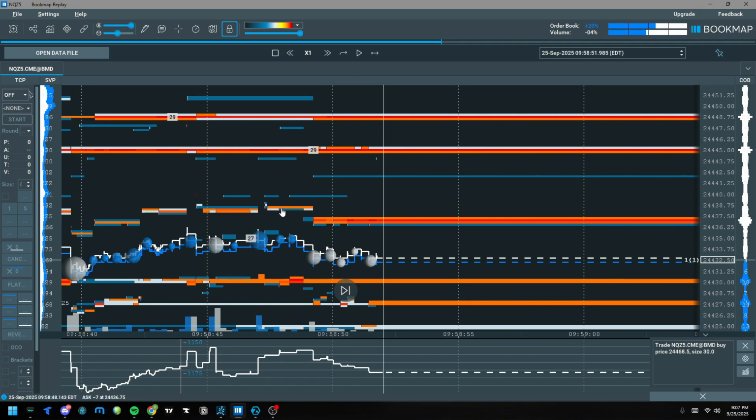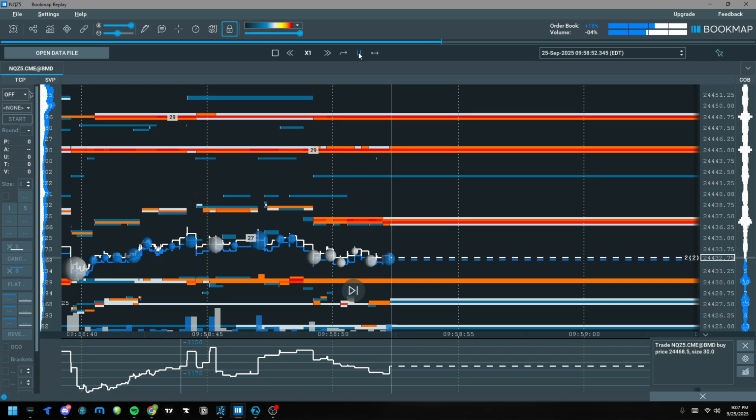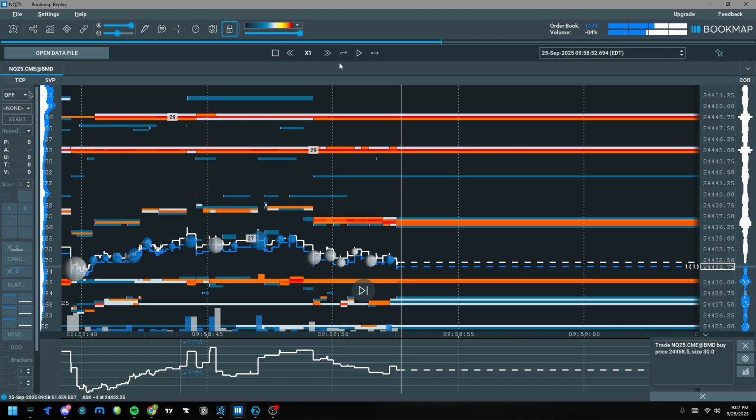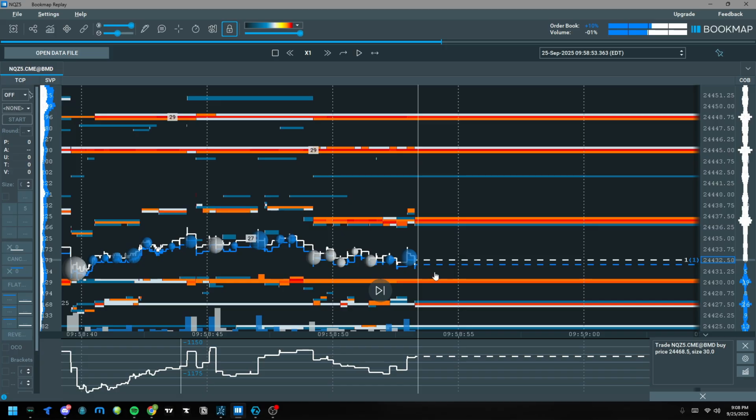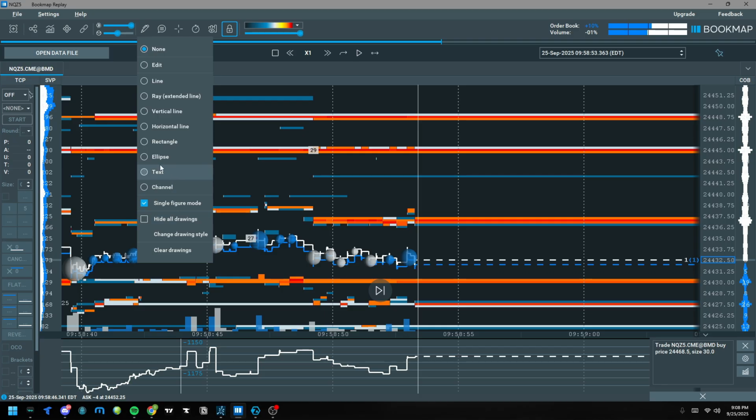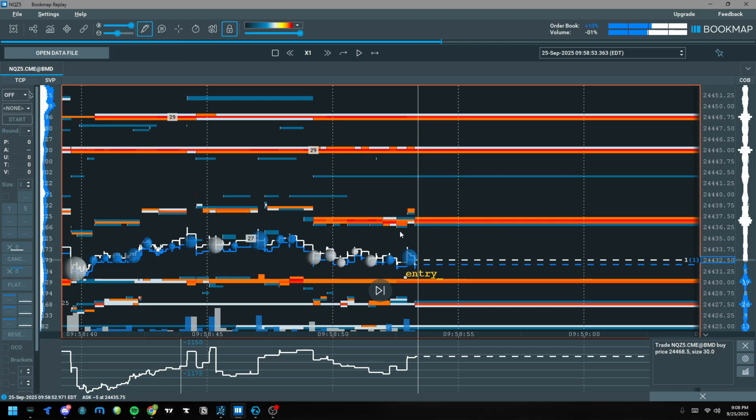But if you want to put on slightly more risk, you could have entered with the first buyer, right here. Just make sure it's a decent sized bubble, because you don't want to enter on something like this. So let's just say this right here is our entry.